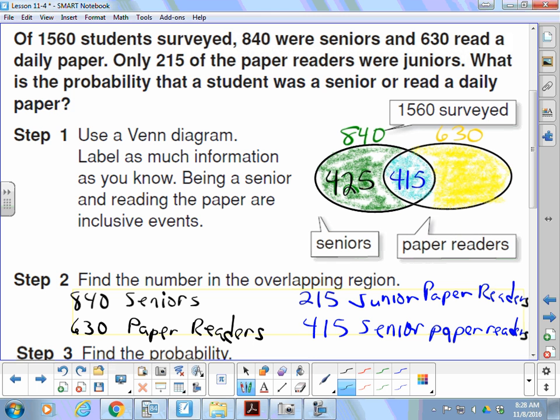And there were 215 paper readers that were not seniors. So to do these, you need to know the totals, which we have 840, 630, and we need to know the intersection, right? And once we know the intersection, then we can put the other two.